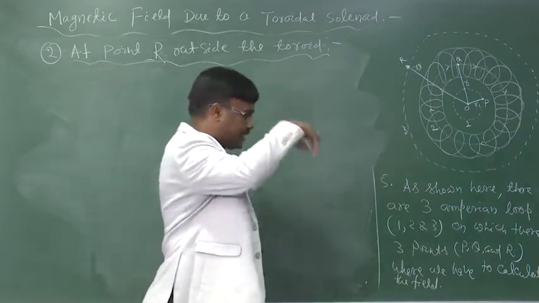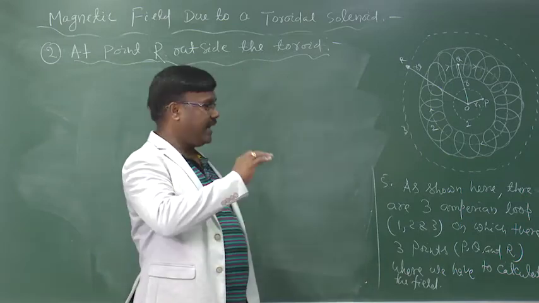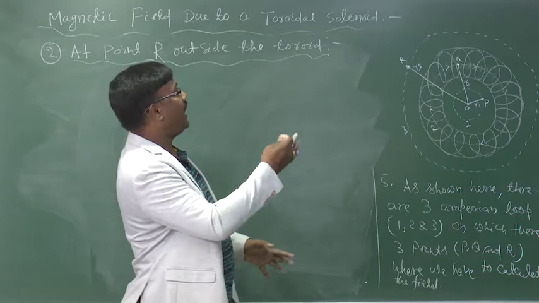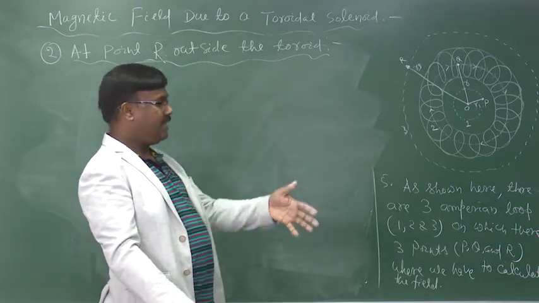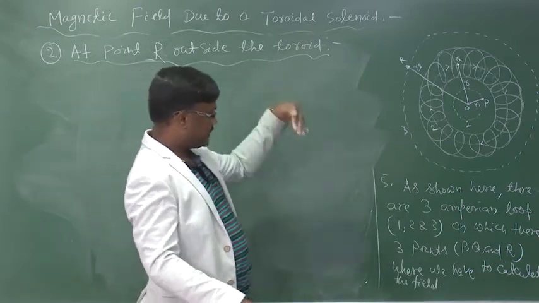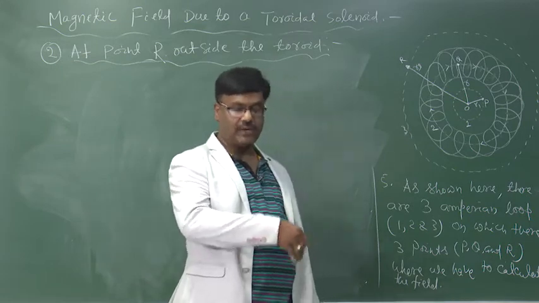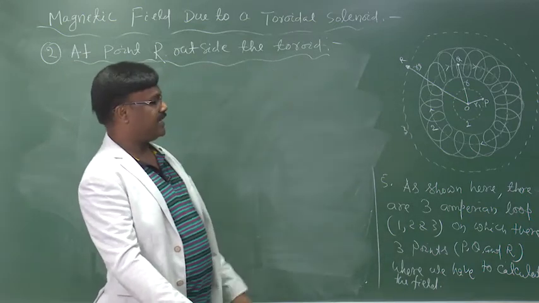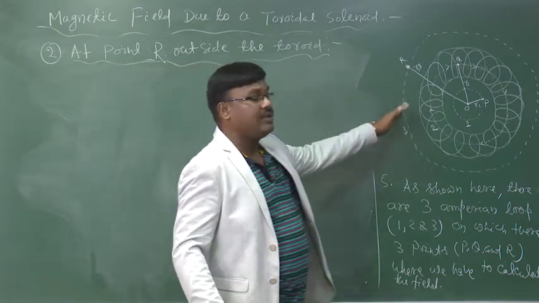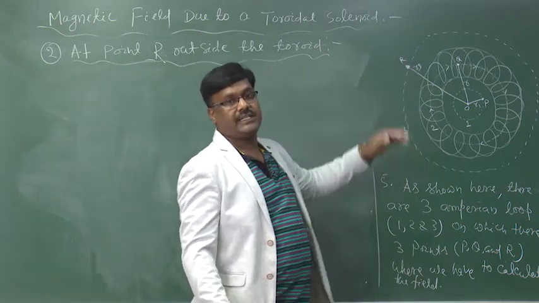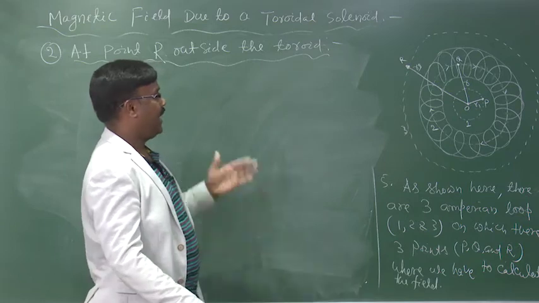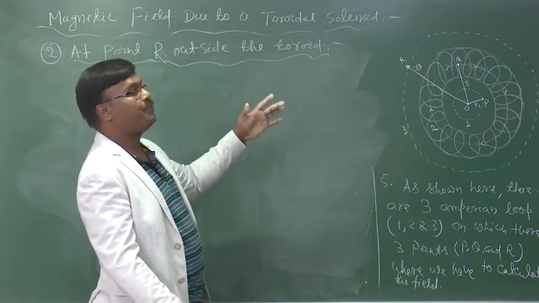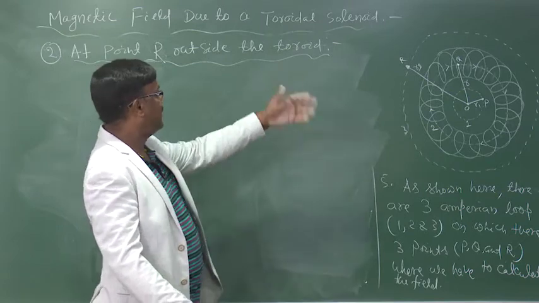Once it enters the toroid and at the same time it goes away from the toroid, and if we take the inside to be positive and the outside to be negative, the net current will cancel and there will be no current here. So applying Ampere's circuital law, we get no field strength at the point R.